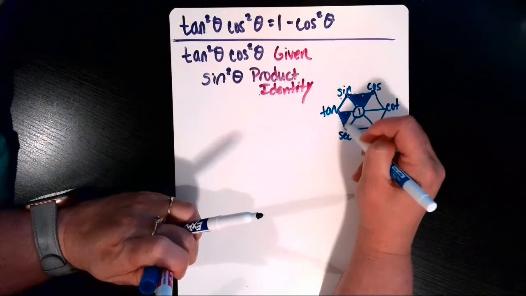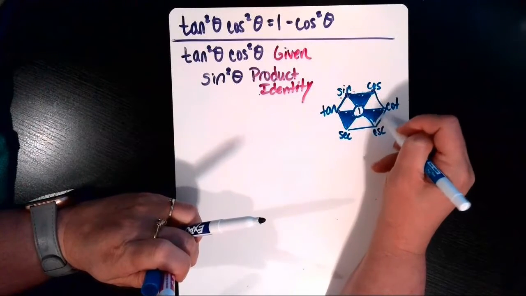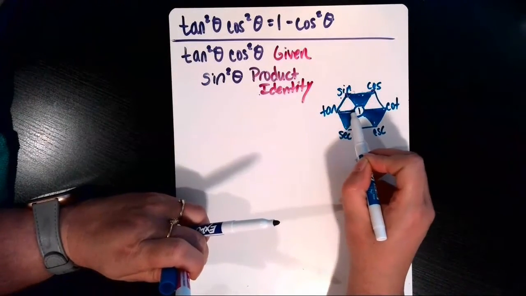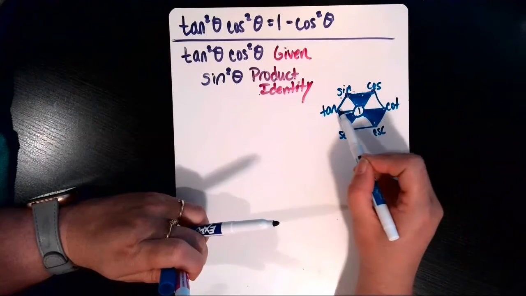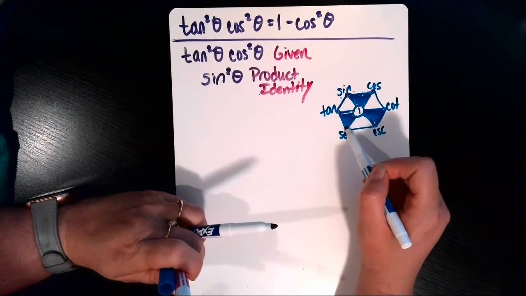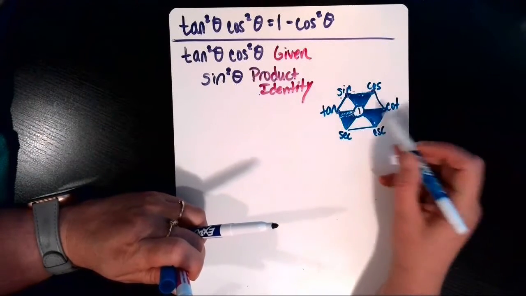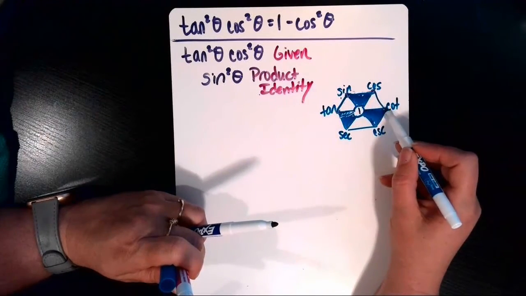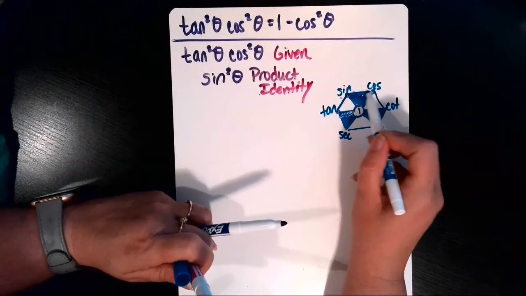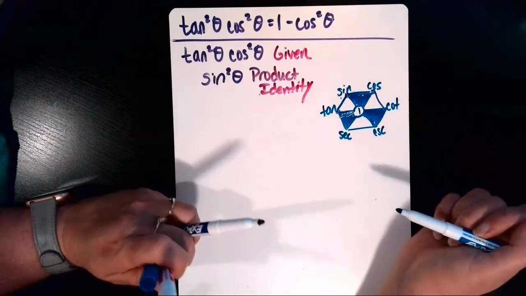Those Pythagorean identities come from these three triangles on the trig hexagon. The triangle on the left reminds us that tangent squared plus 1 is secant squared. The one on the right reminds us that 1 plus cotangent squared equals cosecant squared. And the one on the top reminds us that sine squared plus cosine squared equals 1.